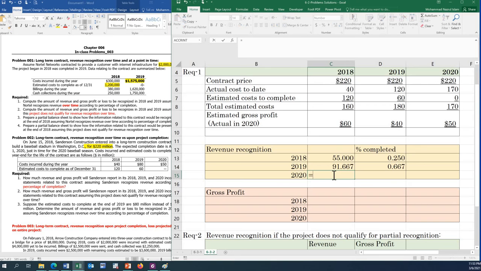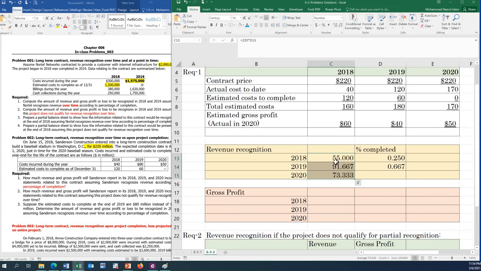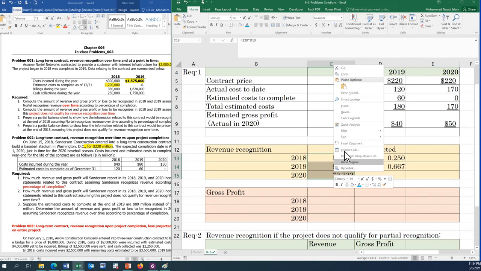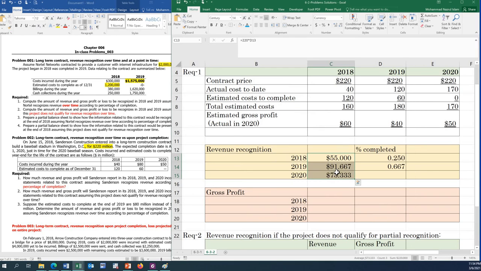And in 2020 it should be this one minus 55, the revenue recognized in 2018, and the amount of revenue recognized in 2019. So this should be the amount. We can format this as currency. Okay.